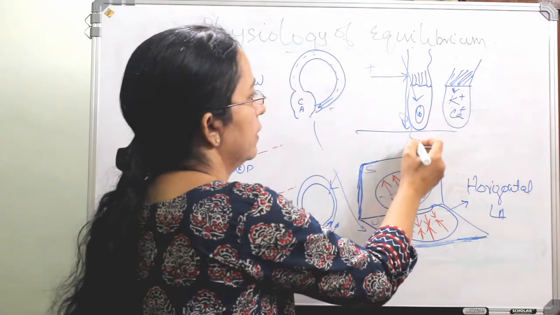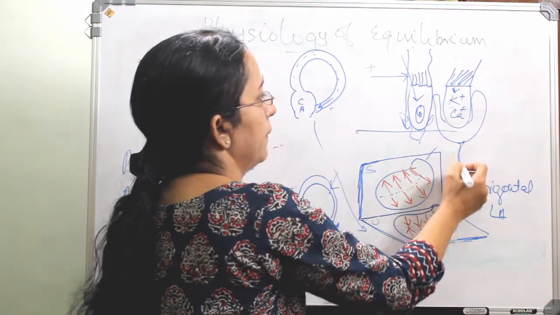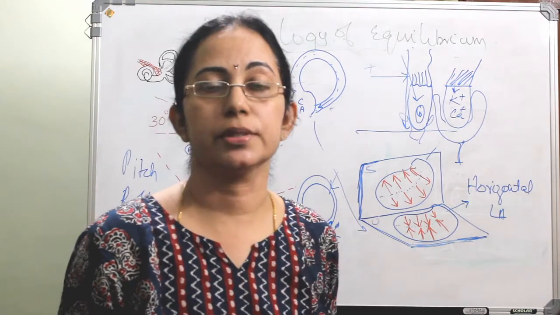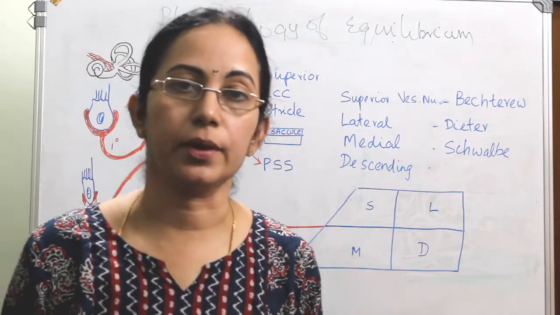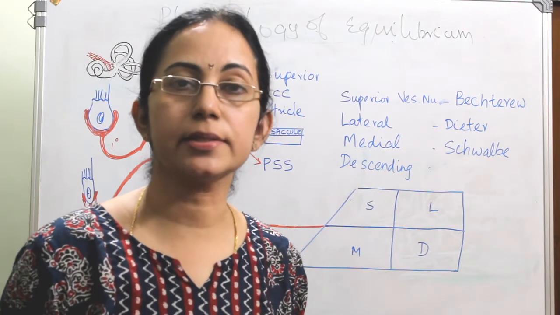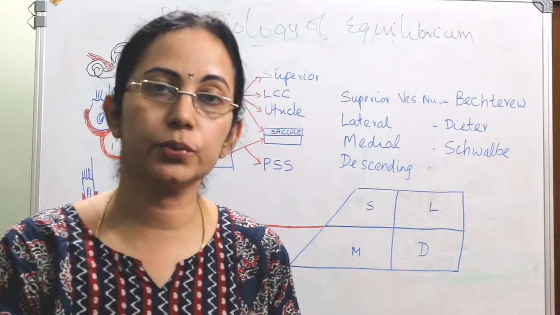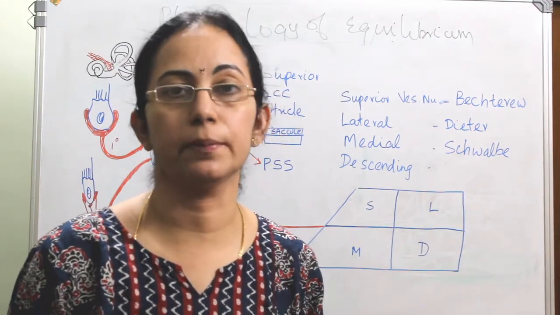And these neural action potentials are sensed by the afferent nerve endings attached to the hair cells. Here there are nerve endings, and these nerve endings will catch this action potential, and then what happens? Here there is a difference from that of the cochlear part. In the auditory system, the nerve fiber once excited will go through a specific route into the temporal lobe, into the superior temporal gyrus.